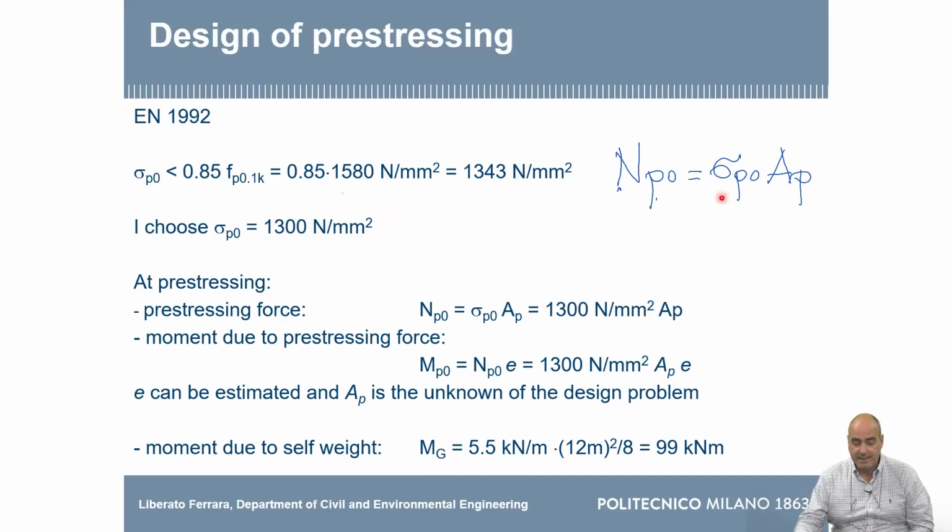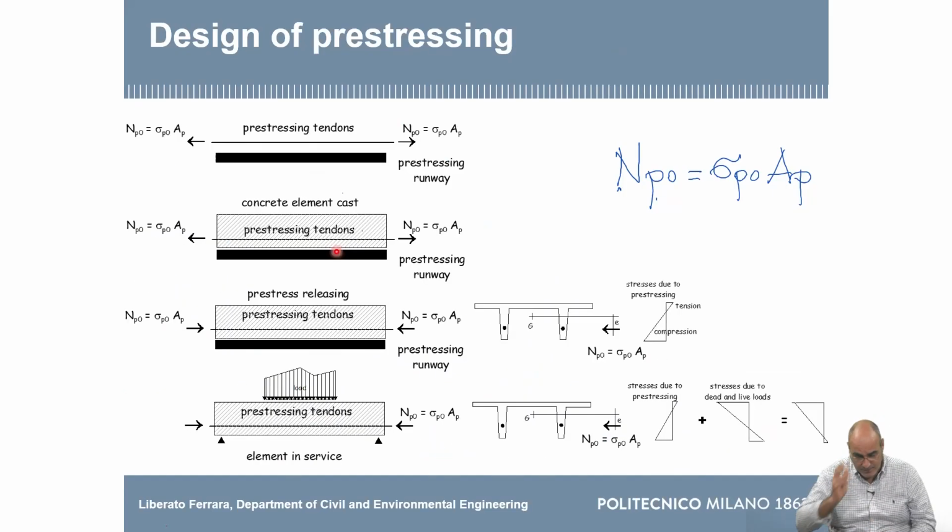The pre-stressing force, as I said, is sigma P0 times AP. But now we have a number for sigma P0, but we do not know AP. The other issue is that we do not know where our pre-stressing tendons are. We know that we have to place them somewhere on our cross-section, but at the moment, we do not know where. And when it comes to determining where the pre-stressing tendons are, you see, if I put them here and the centroid is here, I have an eccentricity.